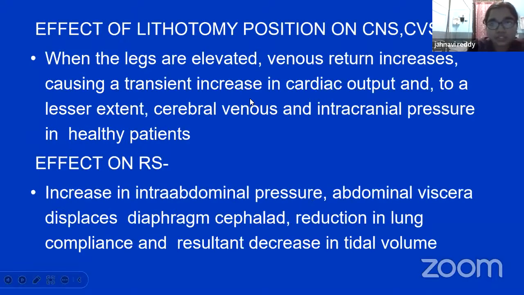Effects of lithotomy position on CNS and CVS. When the legs are elevated, venous return is increased, causing a transient increase in cardiac output, and cerebral venous and intracranial pressures are also increased in healthy patients to some extent. Effects on the respiratory system. Increased intra-abdominal pressure displaces the diaphragm cephalad, reducing lung compliance, and results in decreased tidal volume and decreased functional residual capacity, which will lead to lung compromise.